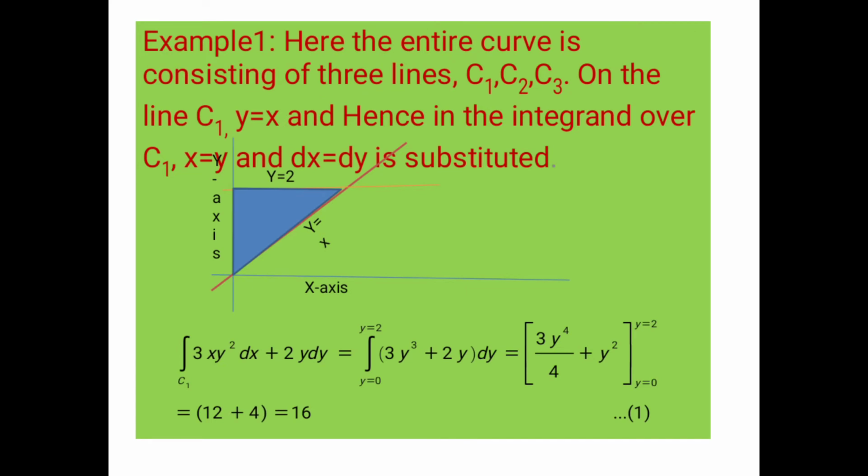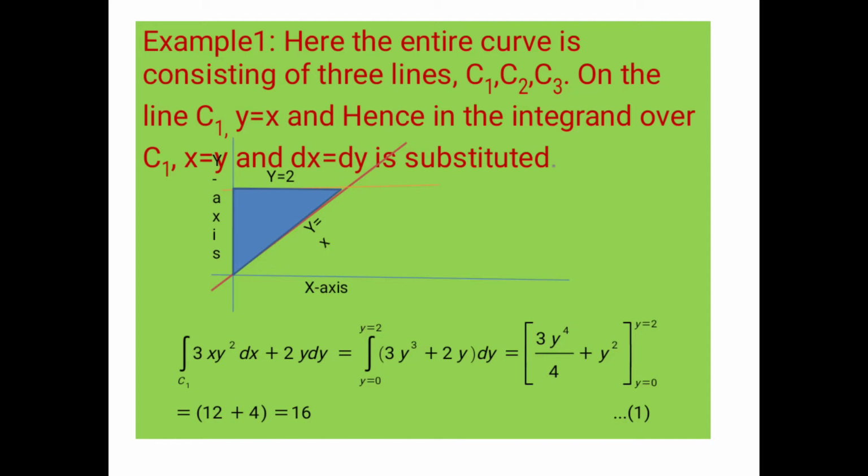In the first example, we can see that the entire curve consists of three lines C1, C2, C3, and these three lines are considered in an anti-clockwise direction. That is, we'll first consider y = x, then y = 2, and then the y-axis, that is x = 0.